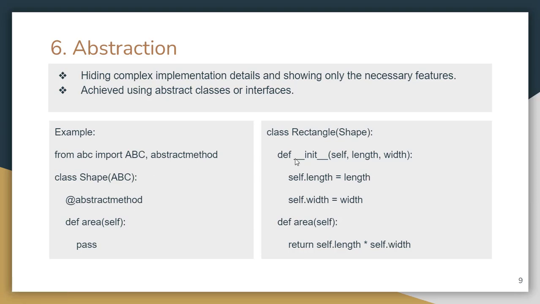So you can see there is a class ABC and an abstract method, but we cannot define it inside this program.